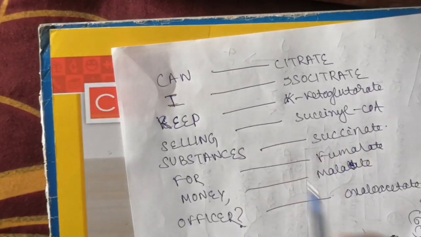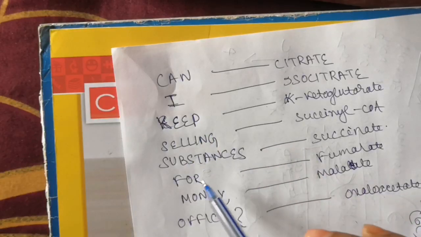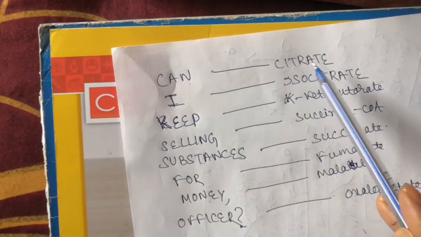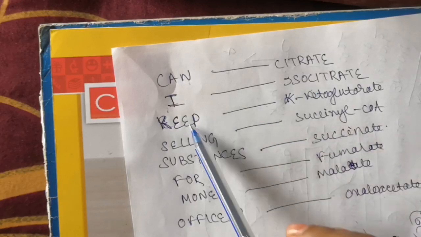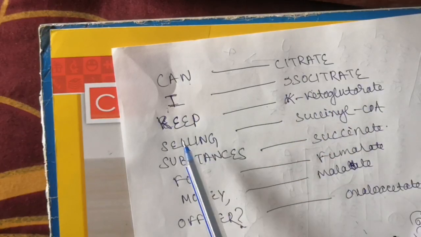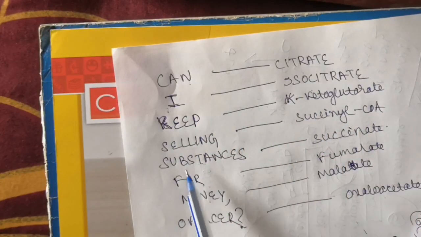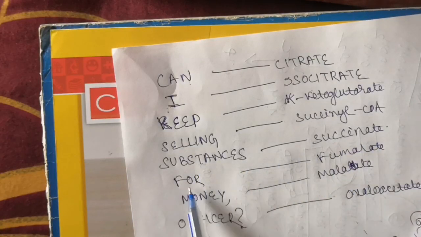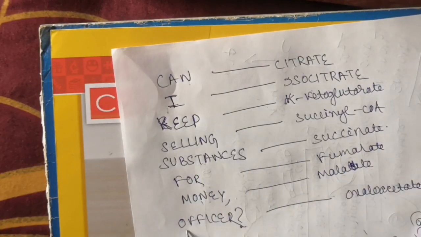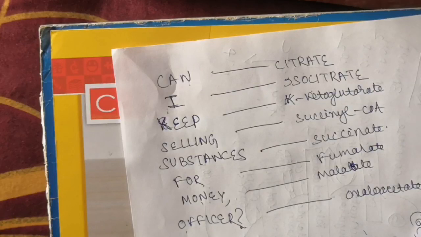So remember this way: Can I keep selling substances for money, officer? Can for citrate, I for isocitrate, keep means alpha ketoglutarate, selling means succinyl coenzyme A, substances means succinate, for means fumarate, money means malate, O means oxaloacetate. Remember all this way.